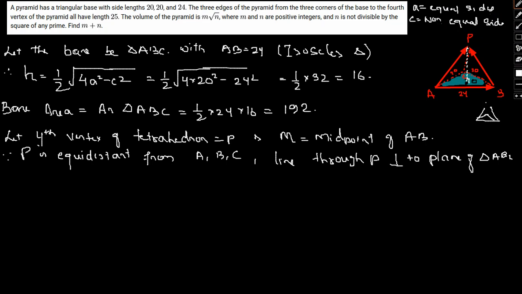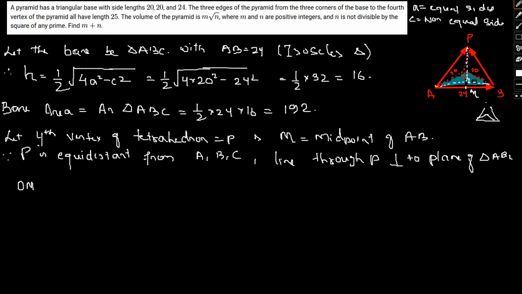Now, since it passes through the circumcenter, OA will be equal to OB equal to OC. So O is equidistant from all three vertices. Let this point be M; we have already mentioned M as the midpoint of AB.